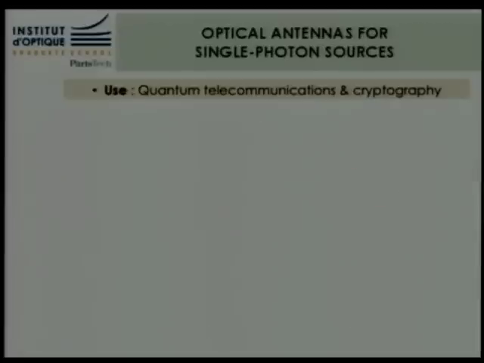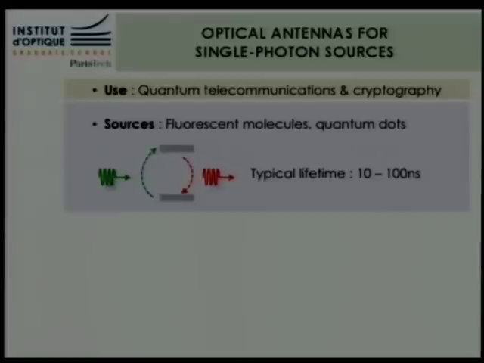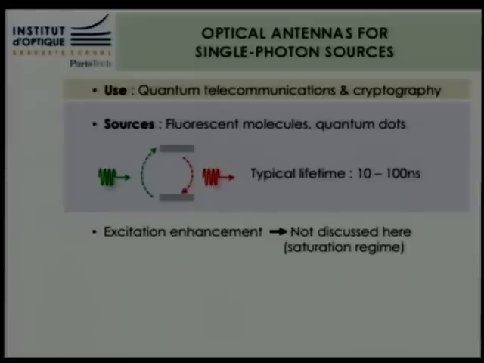In the case of quantum telecommunications and cryptography, one would like to enhance the performances of single photon sources, such as quantum dots or fluorescent molecules. In this talk, those sources are optically excited, though I won't discuss any excitation enhancement.